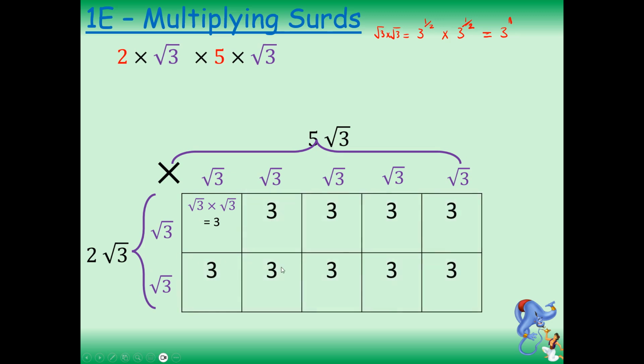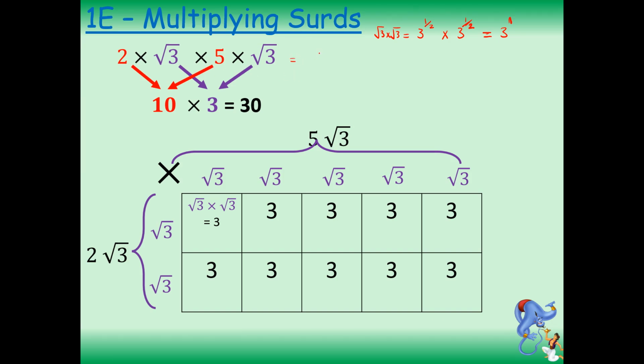So multiplying them, each of these boxes will have a 3 in it. How many boxes do I have? I have 10 boxes because 2 times 5 is 10. 10 times 3 is 30. So you could have come to the answer with color coding, underlining them, and getting this answer.